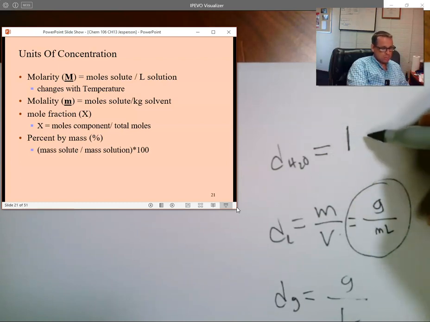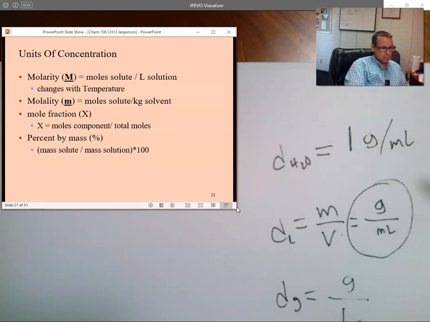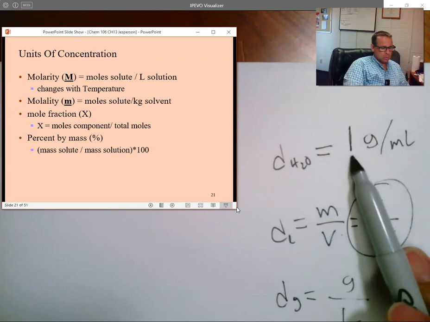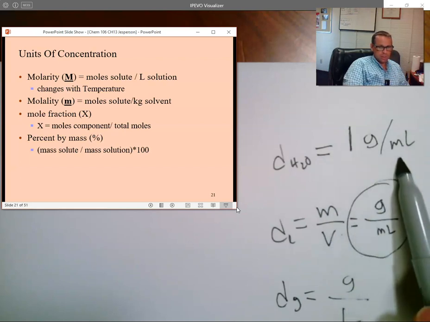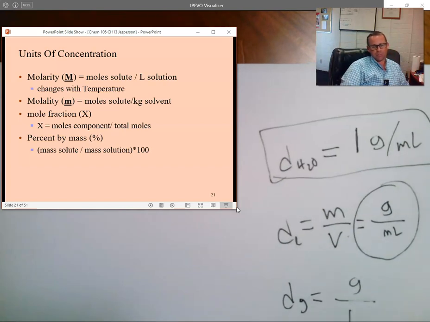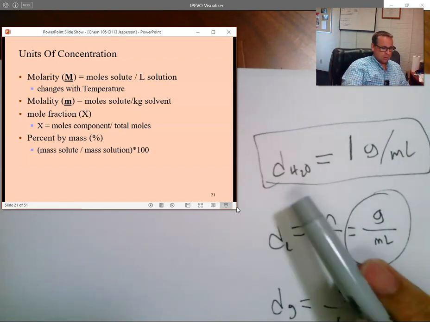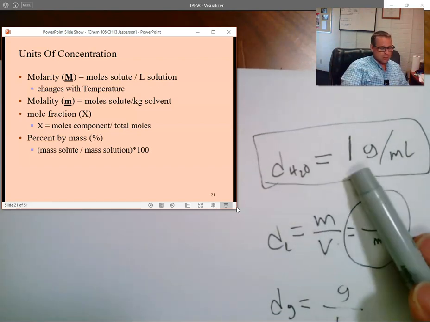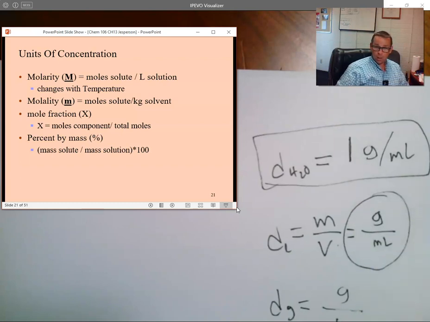It just happens to be 1. Well, I guess you could call it a standard because that's what we've defined as a milliliter, 1 gram of water. So yeah, 1 gram per milliliter. Now that density changes with temperature. But if it's mostly water, then your density will generally be 1 gram per milliliter.